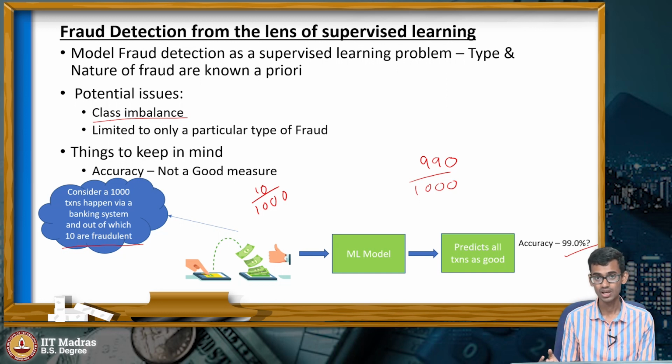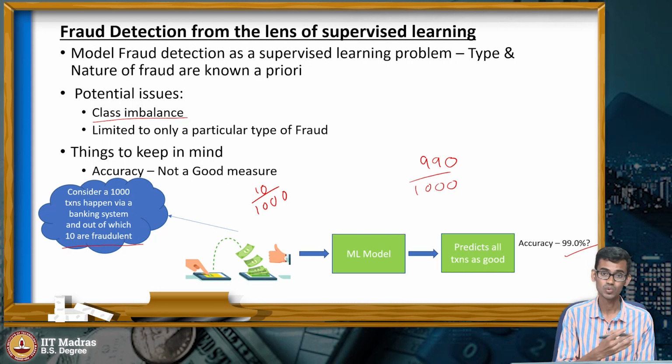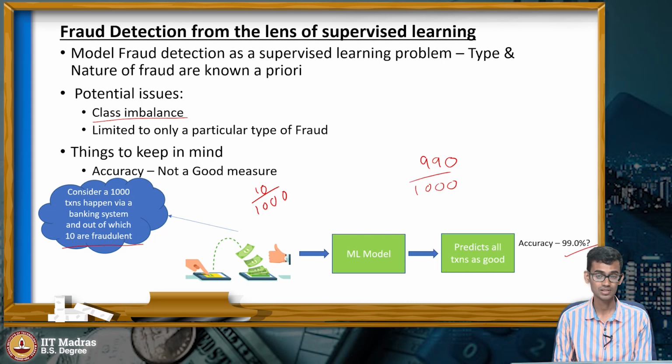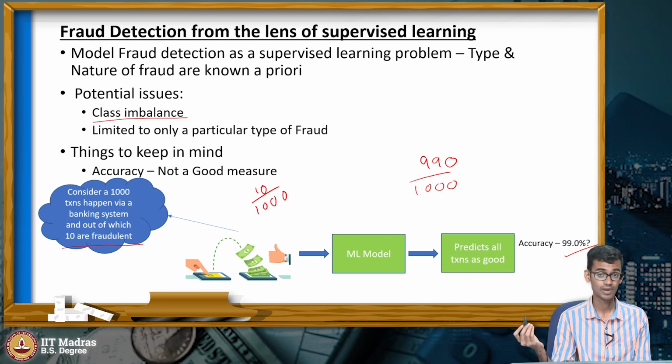No, right? Because basically you are not flagging any transactions as fraud, but your model accuracy is 99%. But that is not what you wanted. You are missing out on all the 10 fraudulent transactions. So definitely accuracy is not a good metric when we start looking at class imbalance problems. We'll see what metrics we can focus on in an upcoming slide.